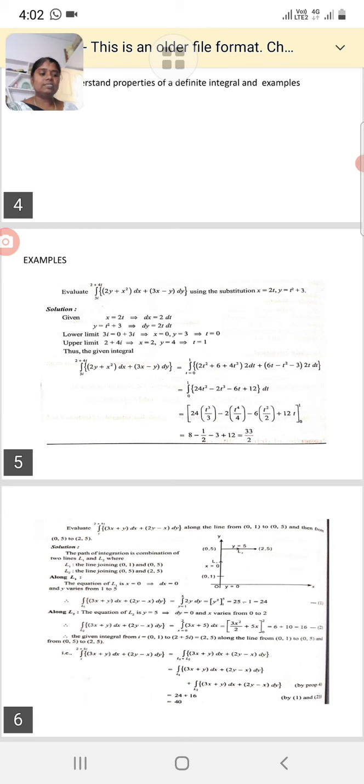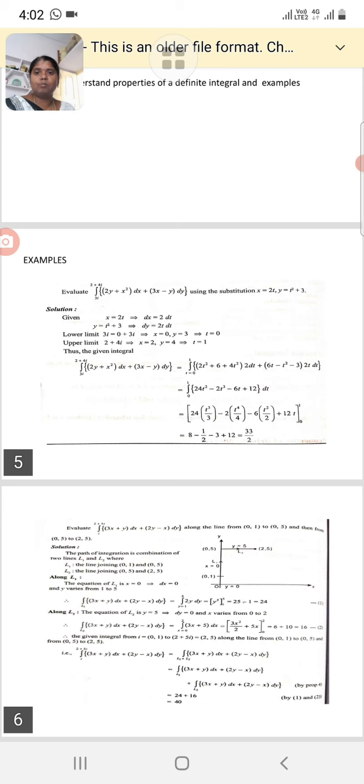For the second example, the line is running along the x-axis. In that condition, how do we solve the complex integration?